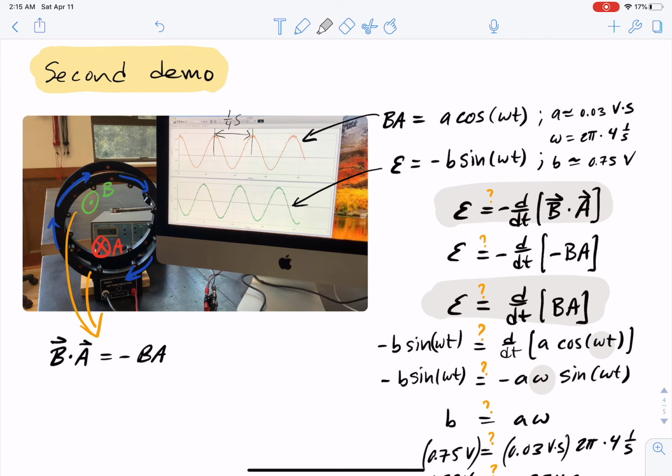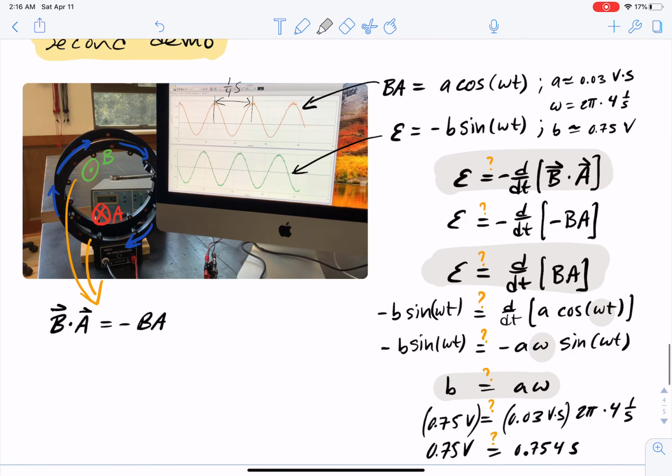The derivative of omega t with respect to t is just omega. So you can see the minus sign cancels from both sides, and really it gets down to a question of comparing the amplitudes. B is the amplitude of the EMF, and A is the amplitude of the B times A, the flux. Okay, and then plugging in the values that we had, we find that certainly within my ability to read those amplitudes from this graph, they're the same.